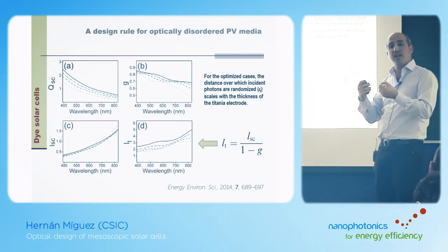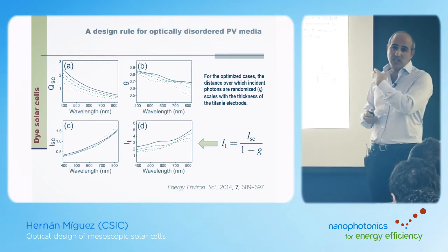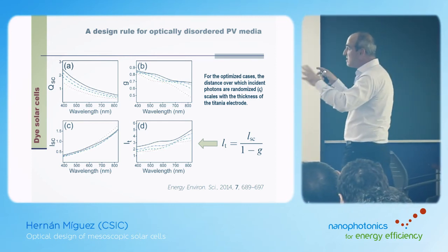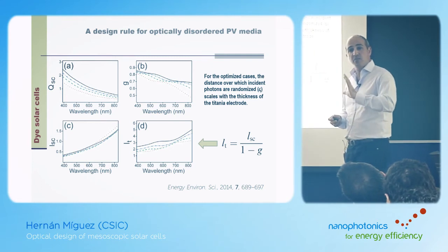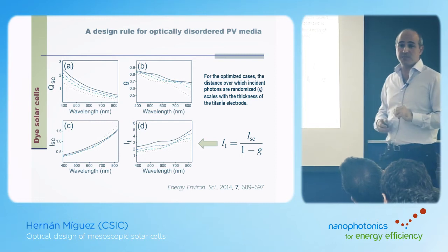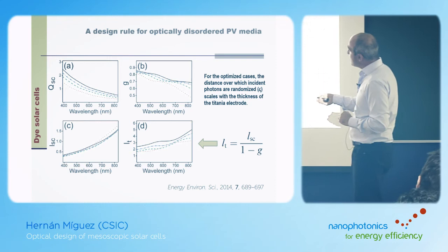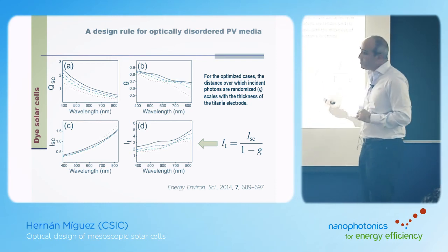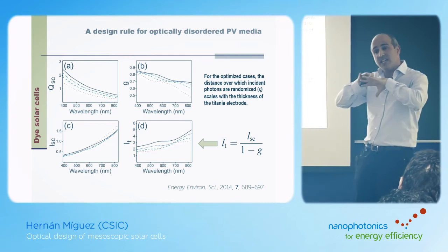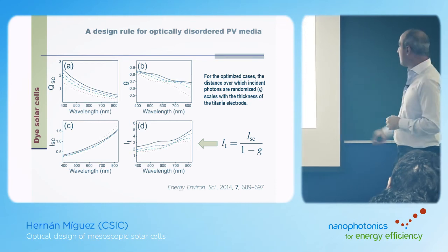So you can design that if you use spherical inclusions that you can actually model, right? So we are using here very basic Mie scattering theory, ray optics, and with that, you get a surprisingly nice match between the model and the experiment. And actually, you get a design rule, which is simply that you have to use a transport length, right, which is the distance at which you can consider your light randomized, that is slightly smaller than your electrode.